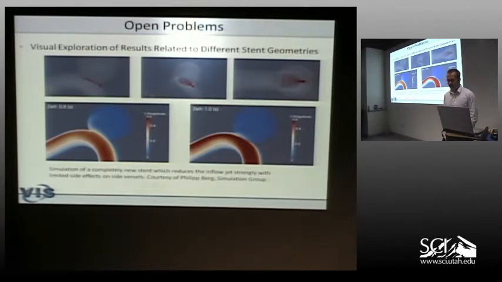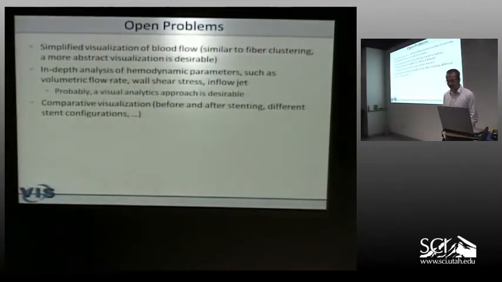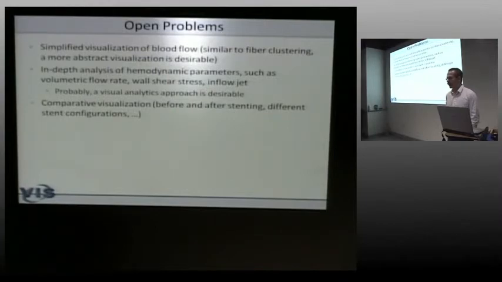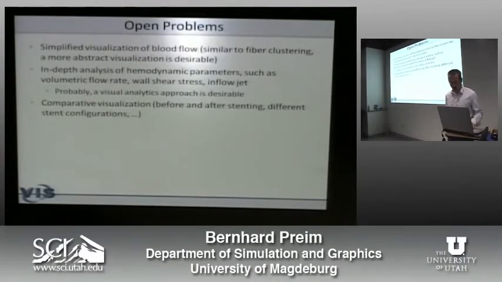Yeah, it would be necessary to come up with good comparative visualizations of different stent geometries and their results. So these are some of the open problems where much more research is desirable, and I would be glad if more groups take part in these efforts in understanding blood flow data, because there is really a lot to do.